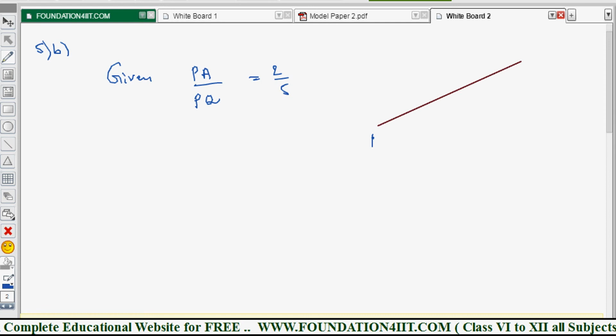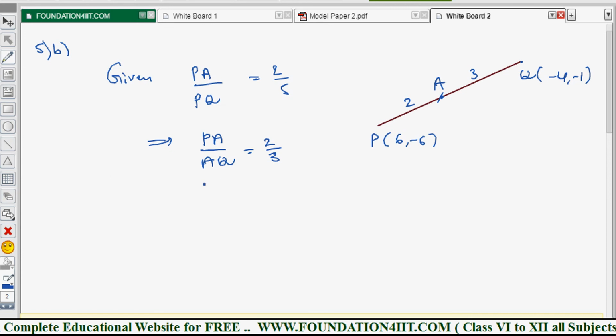Point P is given, that is 6 comma minus 6, and Q is also given, minus 4 comma minus 1, and A is a point somewhere in the middle. But PA to PQ is 2 is to 5, then PA is 2, so the rest must be 3. Then PA by AQ is equal to 2 by 3, because 2 plus 3 is 5, since they gave PA by PQ as 2 by 5.